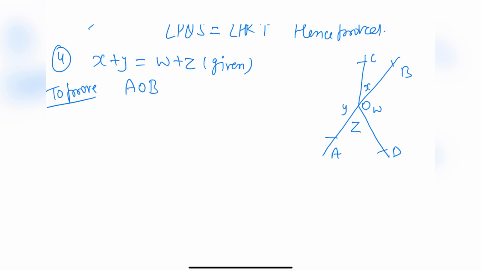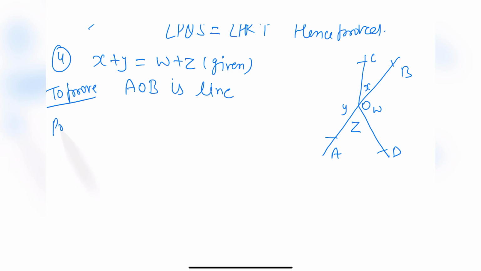When we have to prove that AOB is a line, we need to prove that X plus Y is equal to 180 degrees, or W plus Z is equal to 180 degrees, because a line gives a linear pair. If we prove that, our answer will be proved.